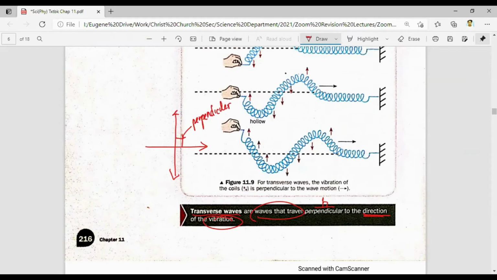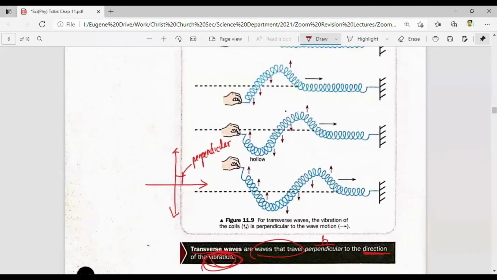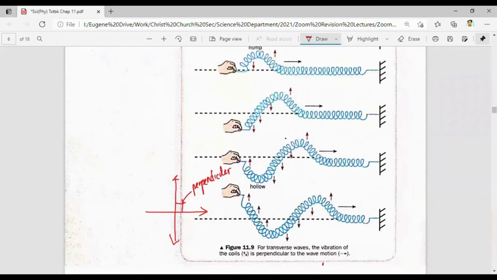So the transverse wave is very unique in the sense that the wave travels perpendicular to the direction of the vibration. The particles moving up and down is known as the vibration. So do take note of this. This is a transverse wave.